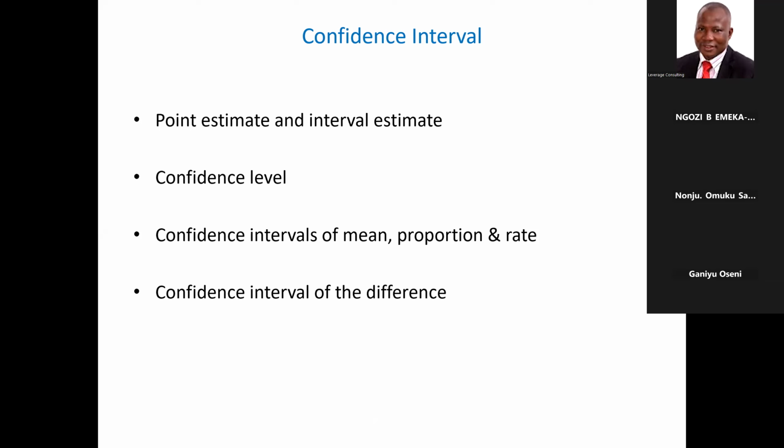So intelligent people now thought of it. Since we are not sure how close the statistic we calculated, which is the estimate of the parameter, is to the parameter, the intelligent people thought over the years, okay, what do we do? The first thing that came to the mind of those people, the pioneers of all these statistical techniques, was, okay, that value we calculated as the statistic is one value.